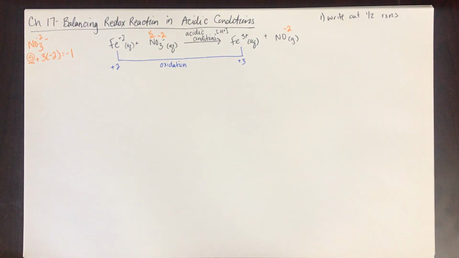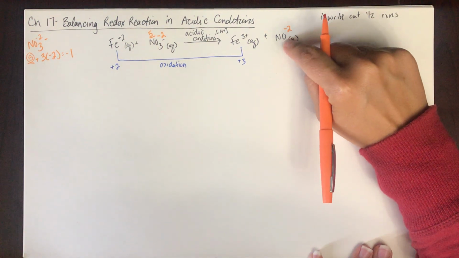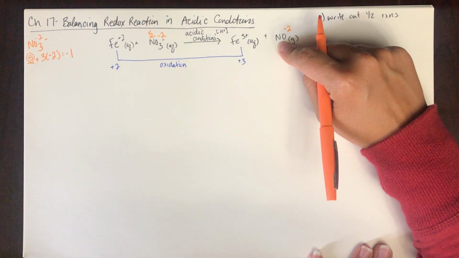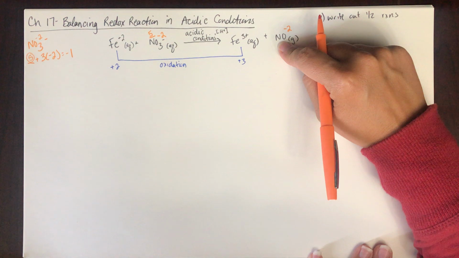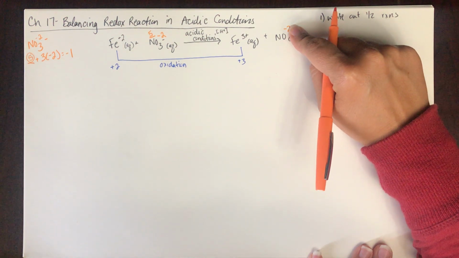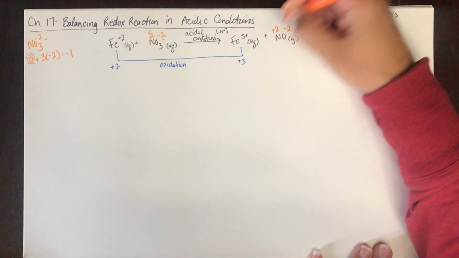So now let's see what the oxidation number of nitrogen is on the product side. Here, this is nitrogen monoxide. This is a covalent compound. It is neutral. So if oxygen has a charge of -2, that means nitrogen must have a charge of +2.